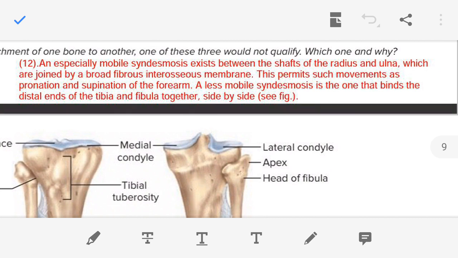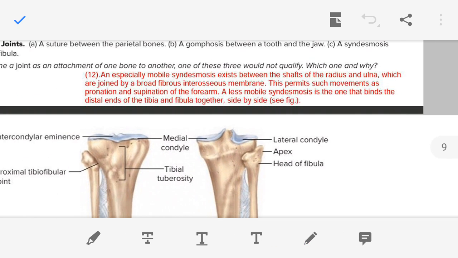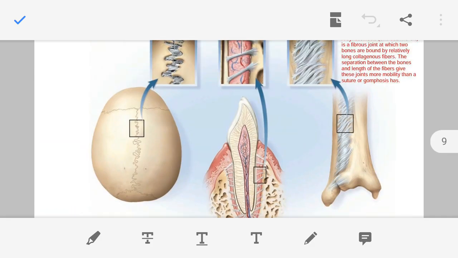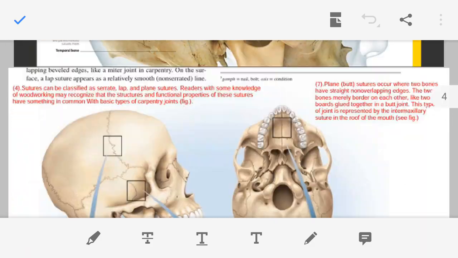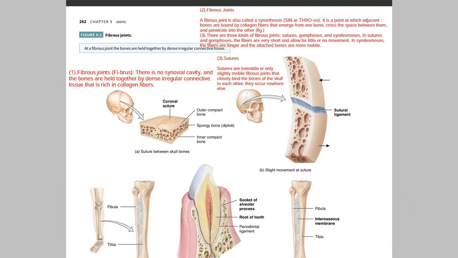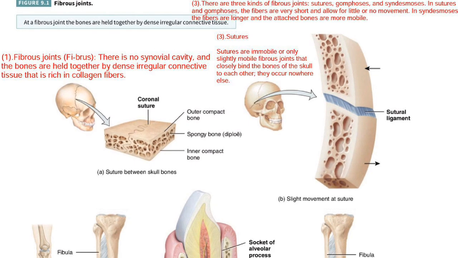So with this we have completed this presentation lecture on the fibrous joint. Before I wind up, I would like to show you all the figures. If you have any doubt, you can go through the figures.